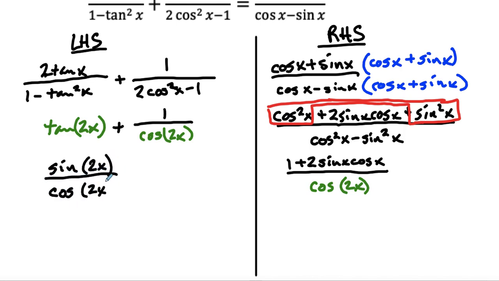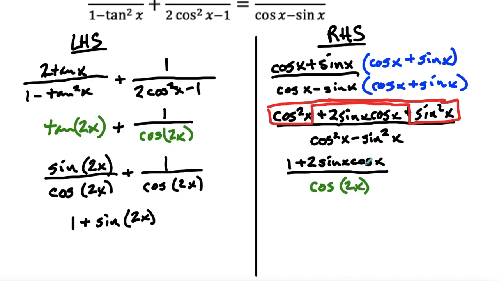So that's good, because now we're actually almost there. I'm going to go ahead and write this as one fraction here in a second. So now I'm going to have 1 plus sine of 2x. I just wrote this in the opposite direction, which will make sense in a second, over cosine 2x.